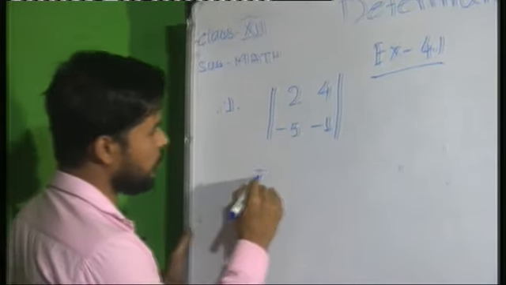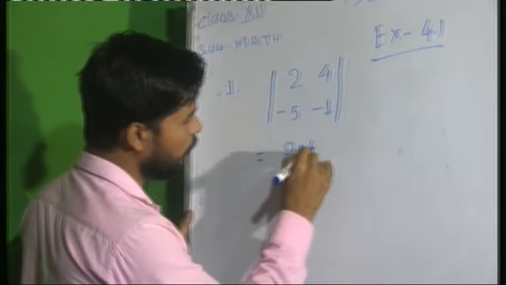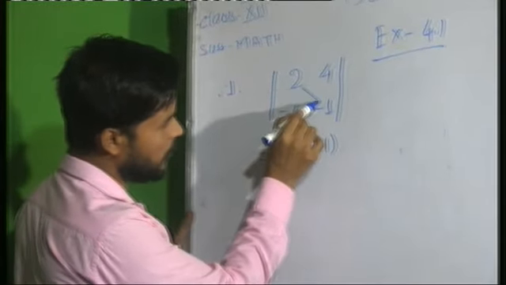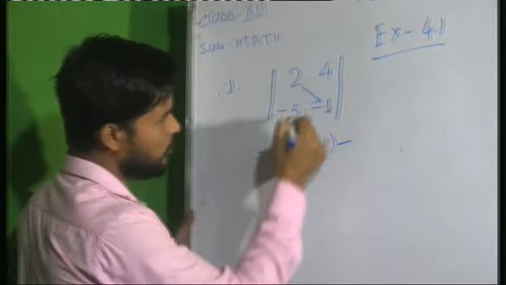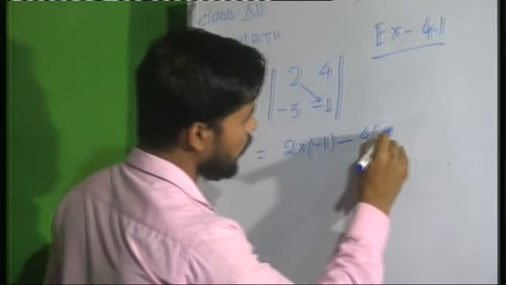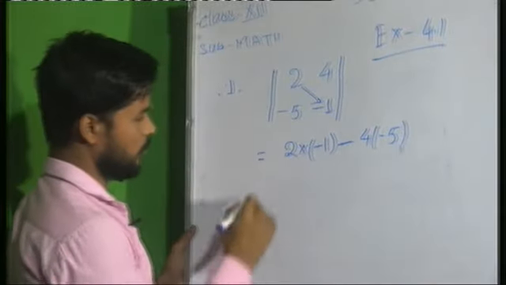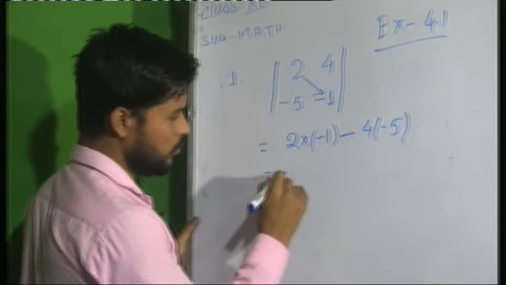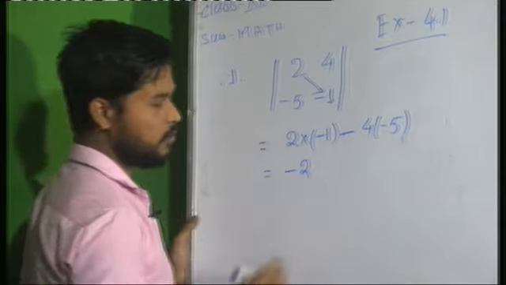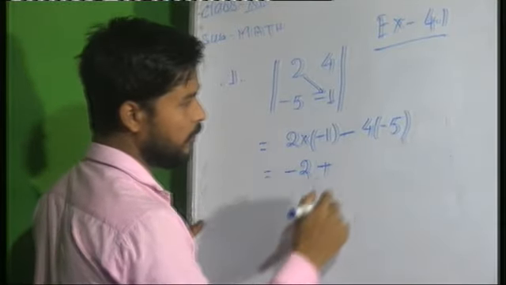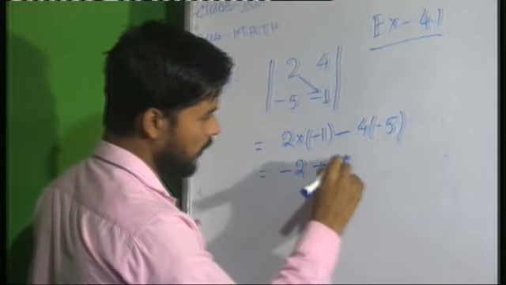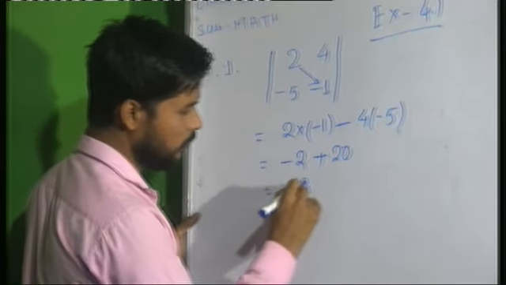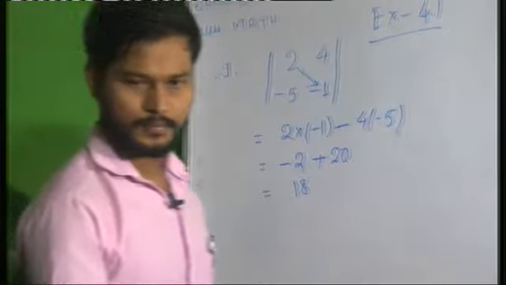So this is equal to 2 into minus 1, minus 4 into minus 5. That is minus 2, and minus 4 into minus 5 is plus 20. So 20 minus 2 is equal to 18. So 18 is the answer.